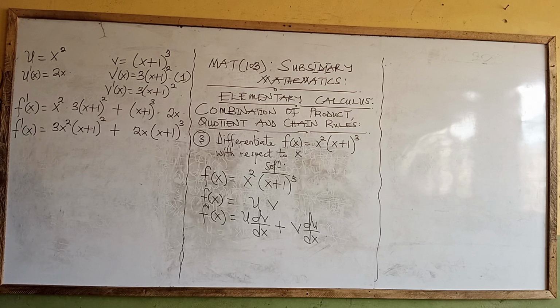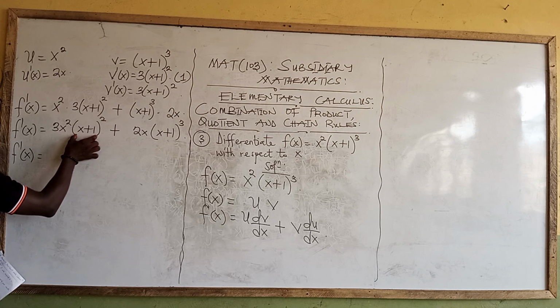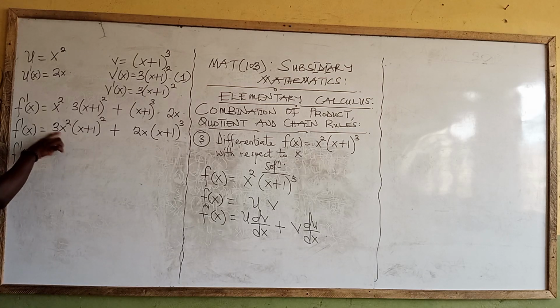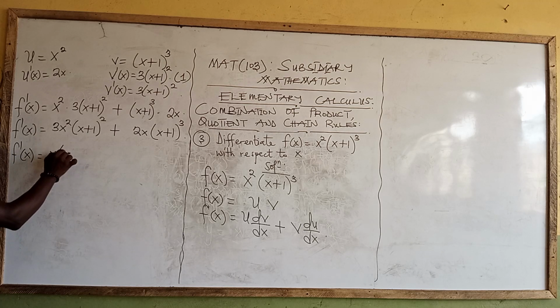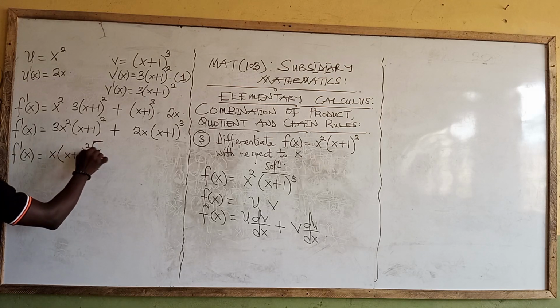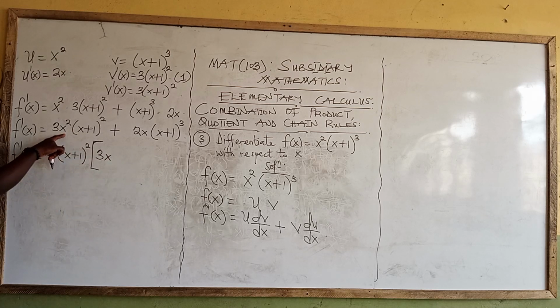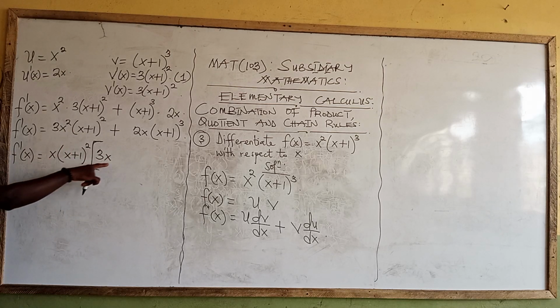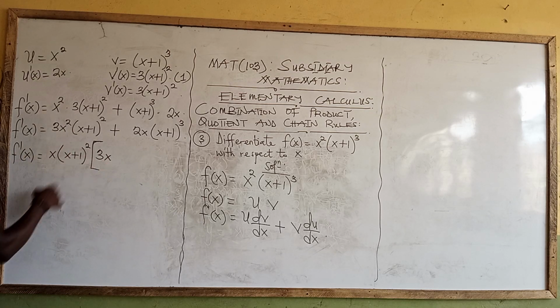Or we can factorize so that it will be very, very simple for us. We can factorize (x plus 1) all squared, right? Then we can factorize x out. So I have x times (x plus 1) all squared, multiplying, so I introduce my big brackets. Multiplying this 3x, when I bring x out, I get 3.